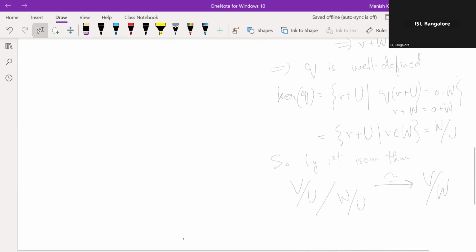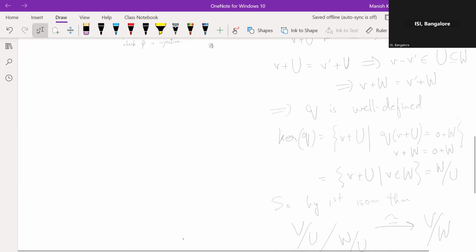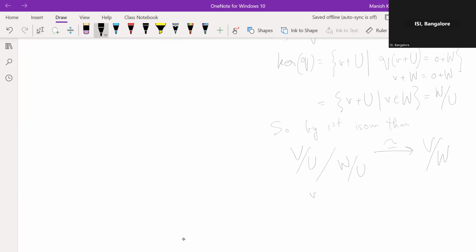The map induced by Q sends V plus U to V plus W. It looks complicated, but we are doing the right thing. So this Q bar is precisely this map.